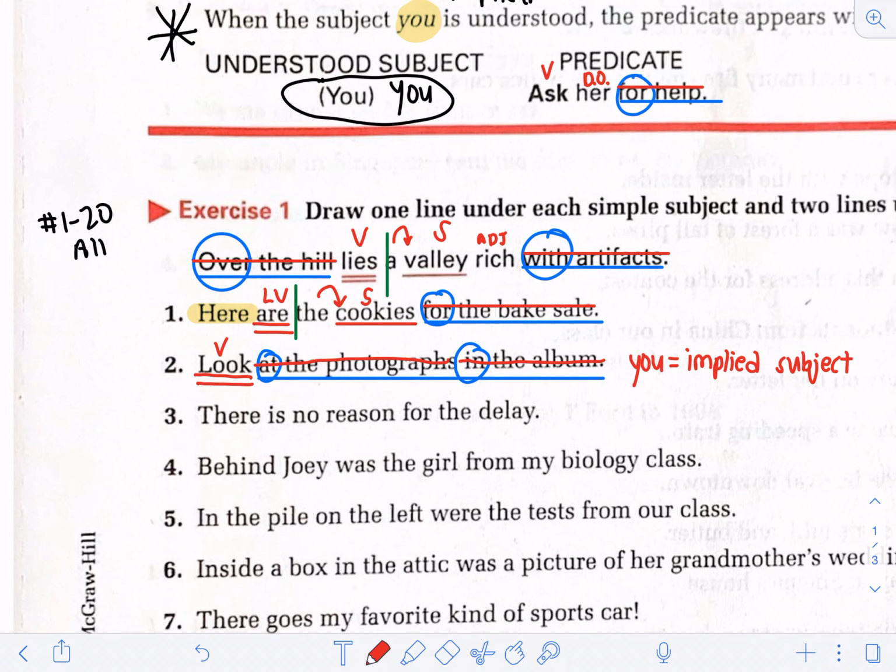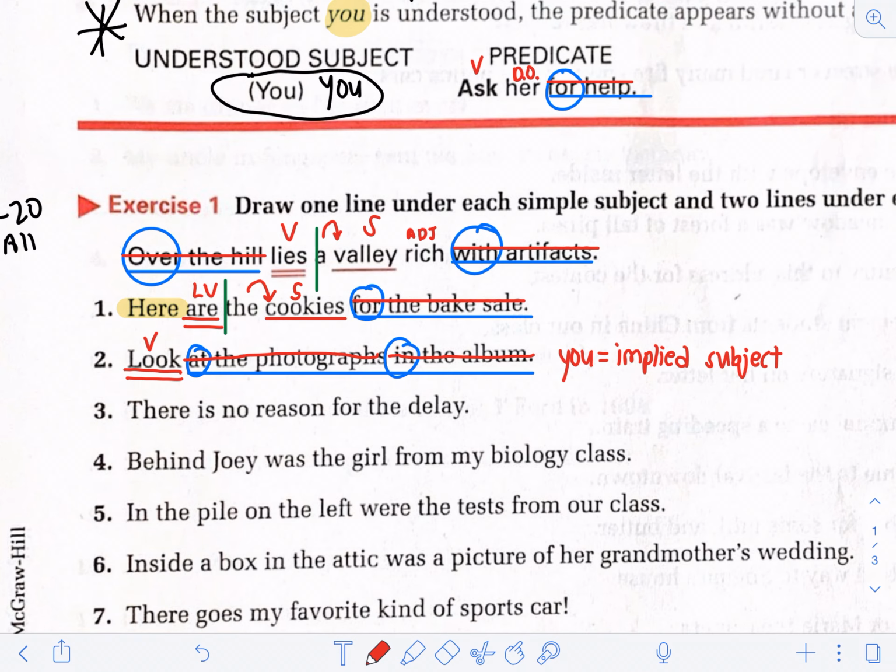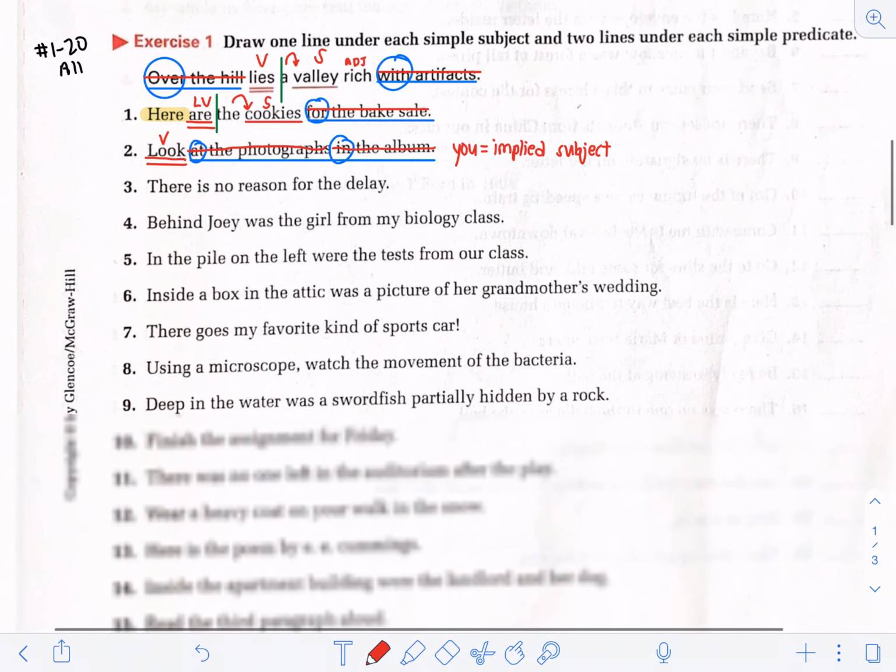A lot of times we might look around and pretend we don't know who she's talking to, but you are the person she's asking to set the table. So in this sentence, look at the photographs in the album. Whoever is speaking is indicating that the person they are talking to, the implied you, should be looking at the photographs in the album.